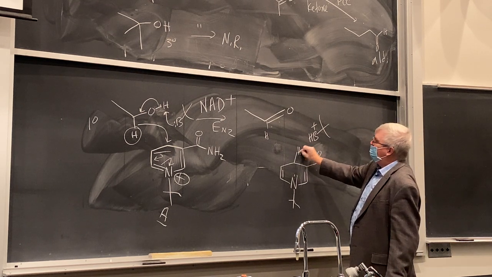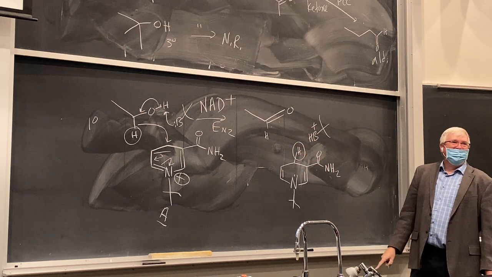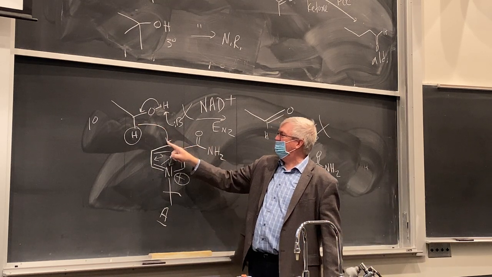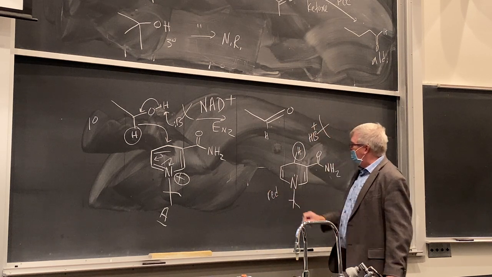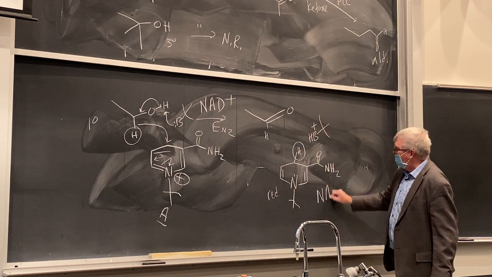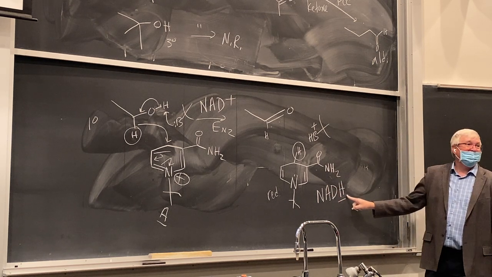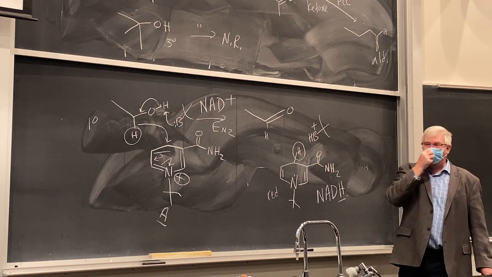And this hydrogen that was circled ends up right there. So we took the hydrogen with its electrons, this movement of electrons, and reduced the NAD+. This is now NADH. You've probably seen that cofactor too. That has the hydrogen on the pyridine still.